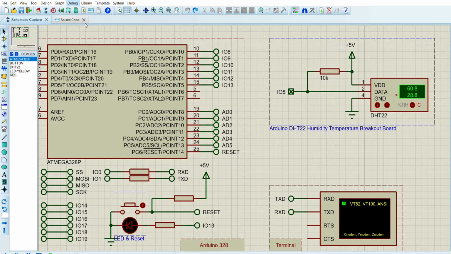Let's run the simulation. Here the humidity is greater than 60% and the temperature is greater than 28 degrees Celsius. So it should blink for 0.5 seconds and stop. And again.